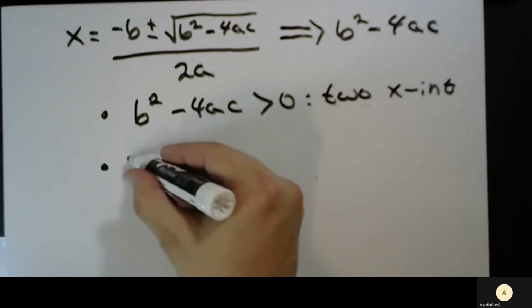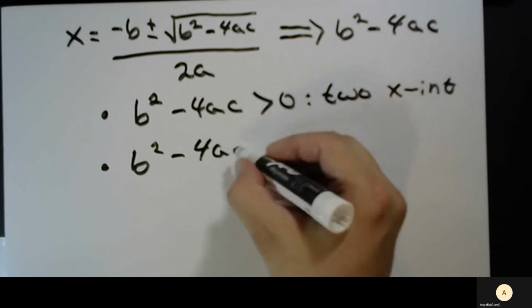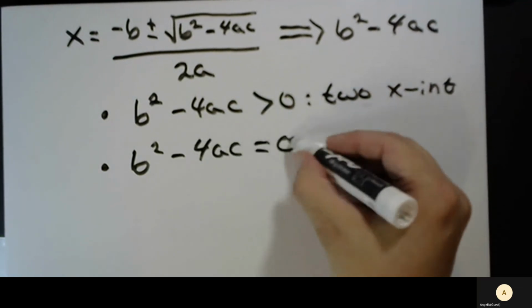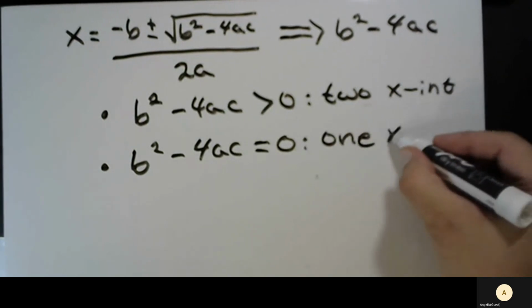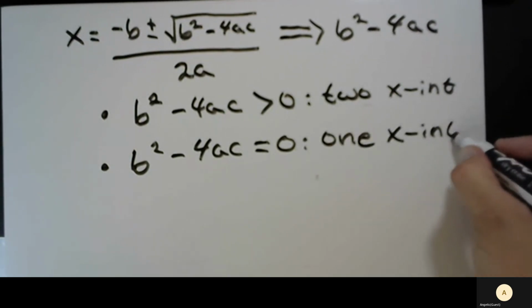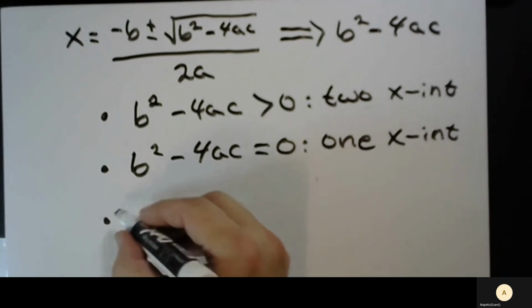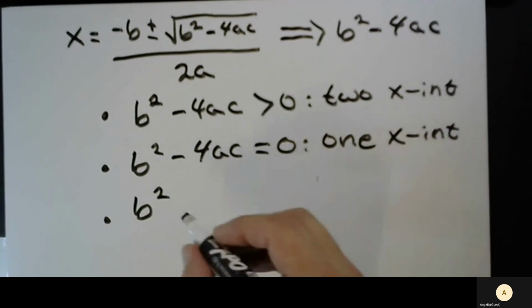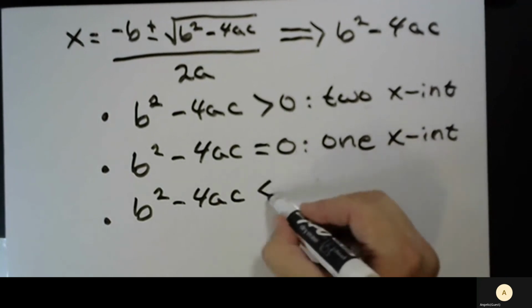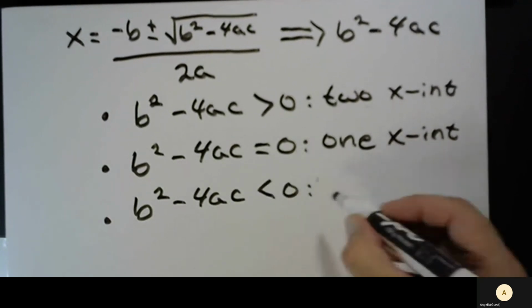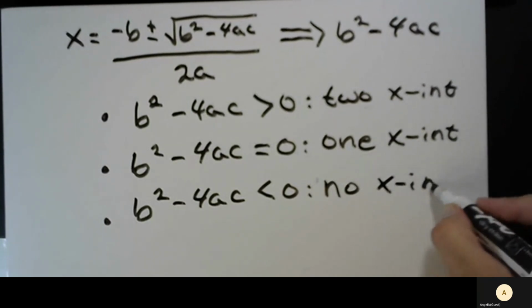Now when it's equal to 0, there's one x-intercept. And when it's less than 0, there are no x-intercepts.